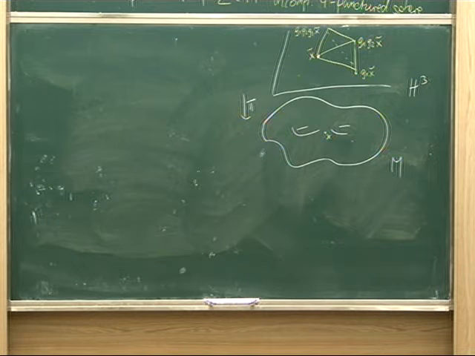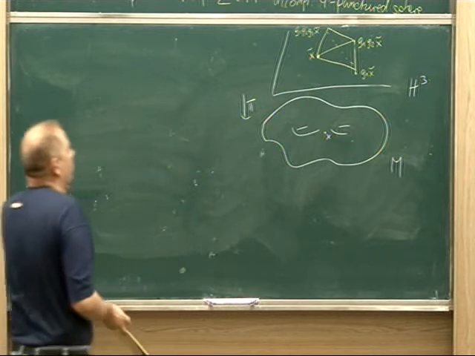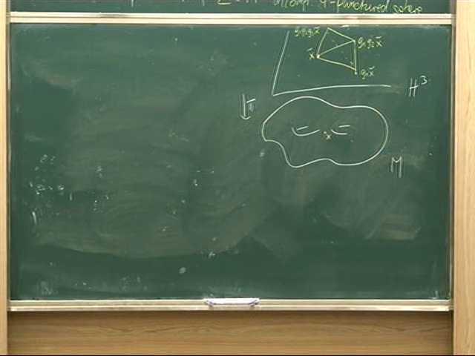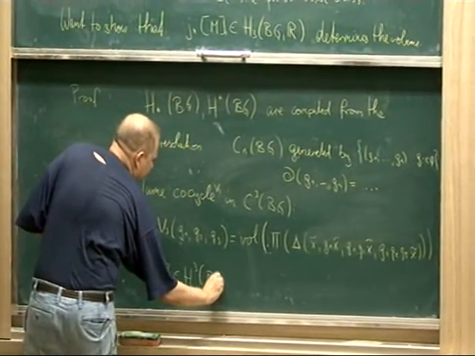A priori this depends on the choice of the point, but one can show that the cohomology class does not depend on it. So one gets a well-defined cohomology class.